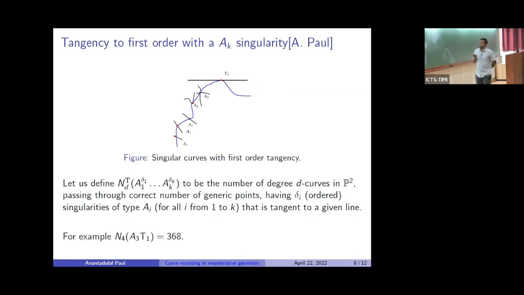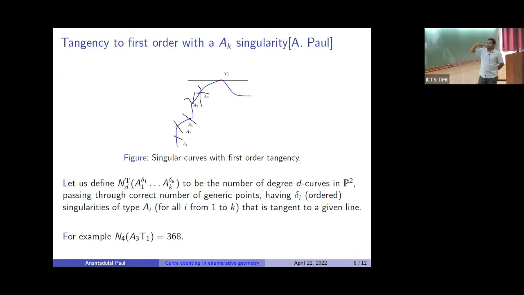So in this setting, we have studied this. Let me explain the picture. You have a divisor in CP2, and I am looking at degree D curves where I have delta 1 many nodes. A1 means nodes, A2 means cusps.